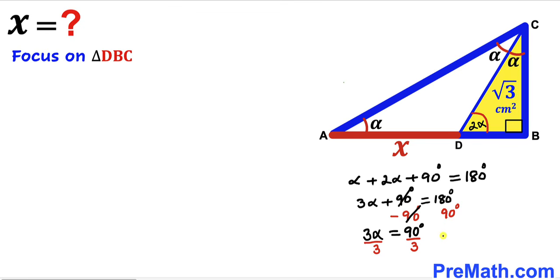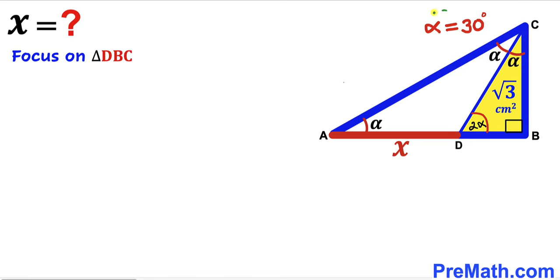So therefore, our angle alpha value turns out to be 30 degrees. And since alpha equals 30 degrees, this is going to be our angle 30 degrees. And likewise, this angle 2 times alpha is going to give us 60 degrees.